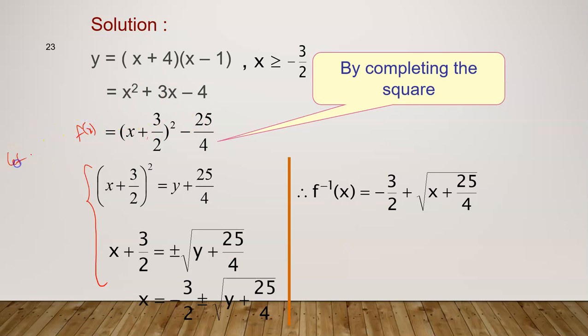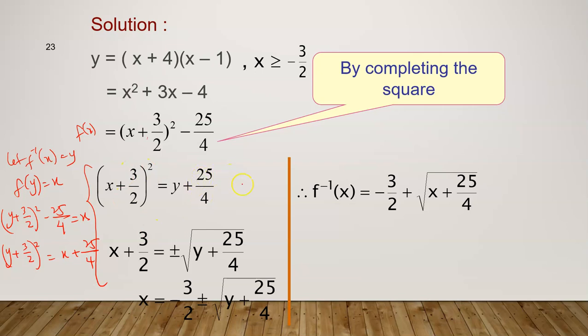You just let f inverse x equals to y, then f(y) equals to x, also can. If you want to use this formula, also can. f(y) equals to x. So now you have y plus 3 over 2 squared minus 25 over 4 equals to x. So y plus 3 over 2 squared equals to x plus 25 over 4.